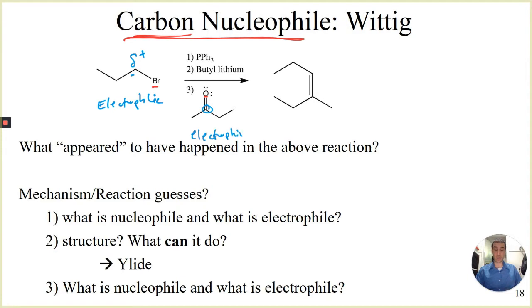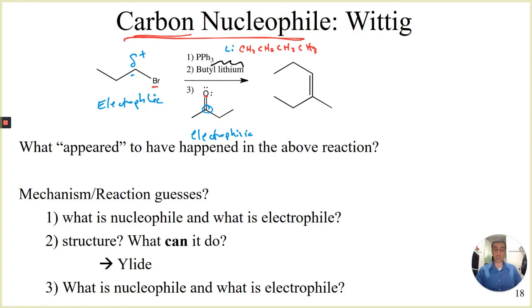So this is getting problematic, but we have one more carbon source that was indirectly named with our butyl lithium. If we were to draw that out, we have lithium connected to 4 carbons. And we might say, well, there's our nucleophile because carbon is more electronegative than the lithium.